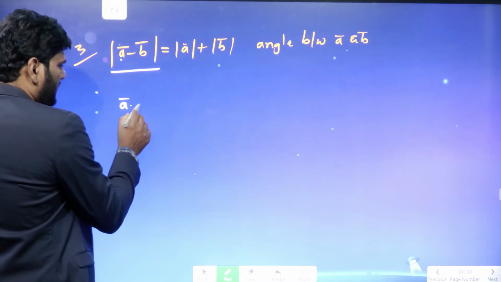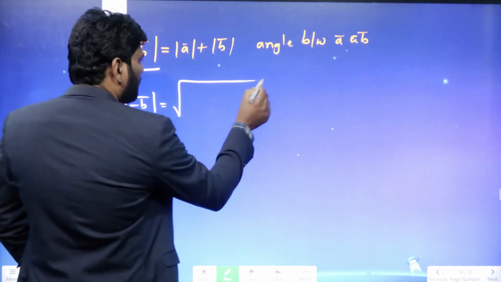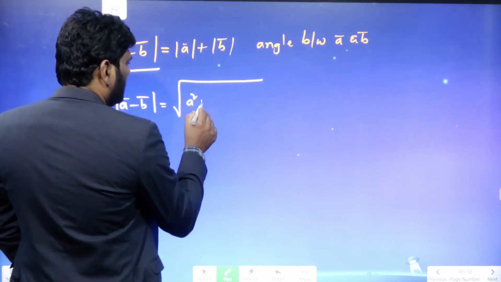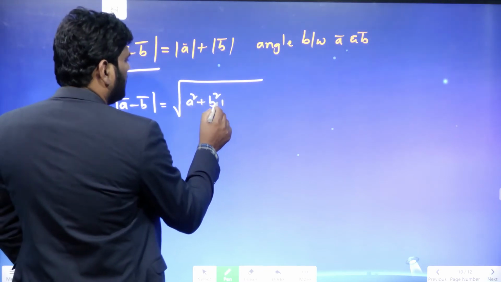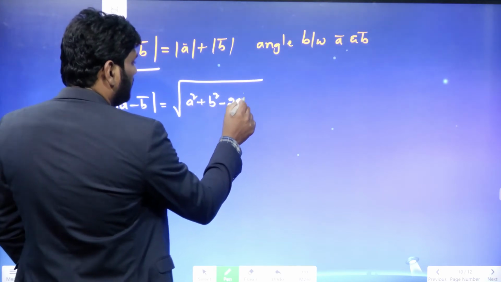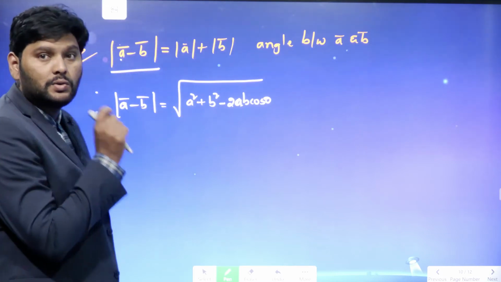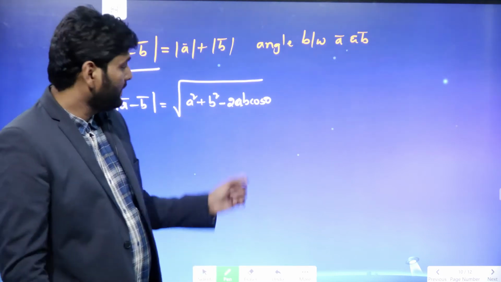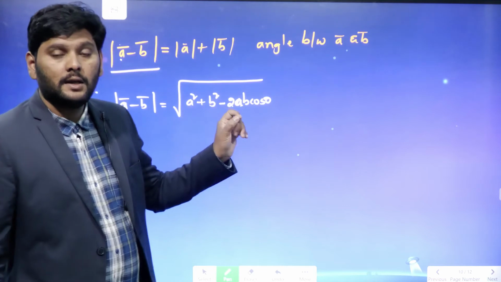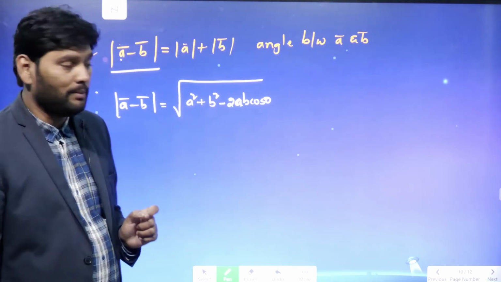Mod of a bar minus b bar, you can write as under root of a square plus b square minus 2ab cos theta. This I have written using the parallelogram law.